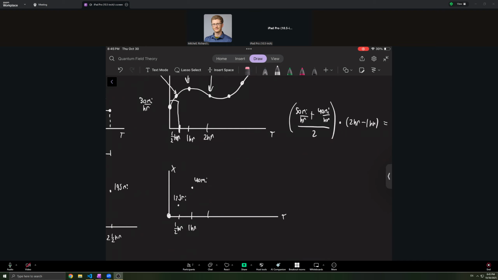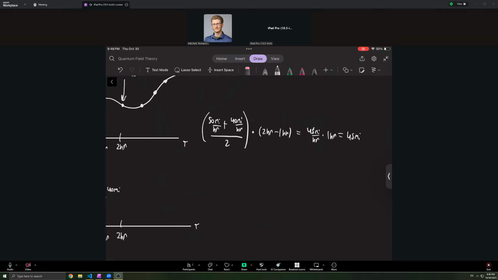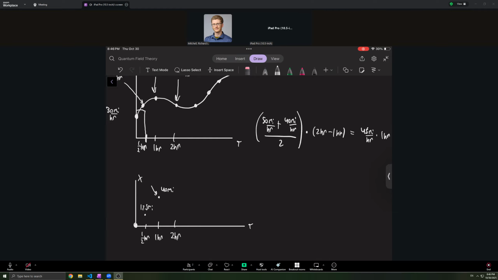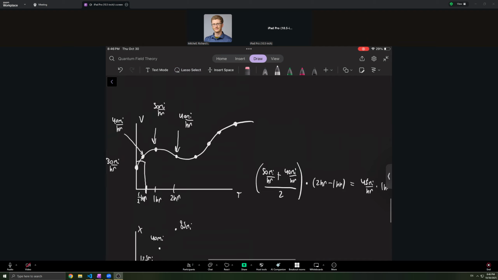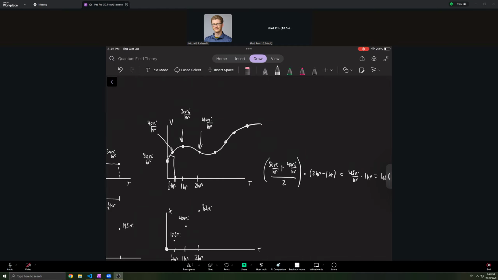Now, if I want how far the car has gone after 2 hours, I add the 45 miles to the 40 miles, because the 45 miles is how far I have gone in this time span, and I started at 40 miles. So clearly I add the 45 to the 40 and obtain 85 miles.